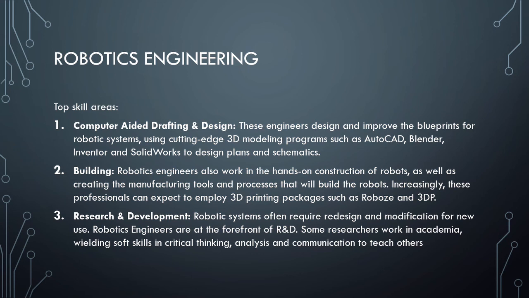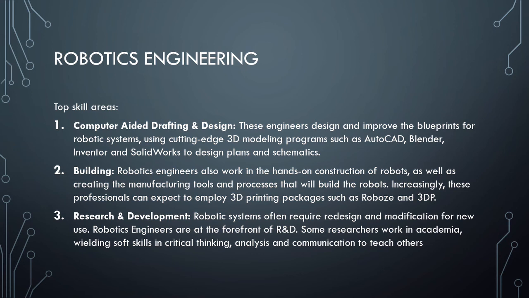The first one is computer-aided drafting and design. Think AutoCAD, SolidWorks, Blender, any of those 3D modeling programs where you would be designing plans, schematics, and blueprints, and coming up with those robotics concepts. The second skill area is being very hands-on and able to build and construct robots.